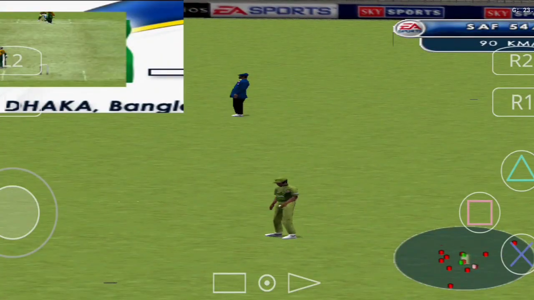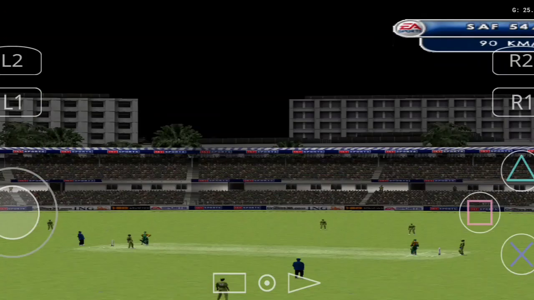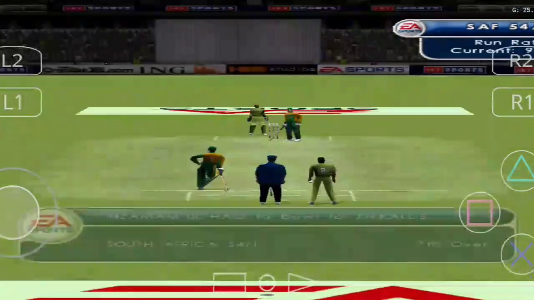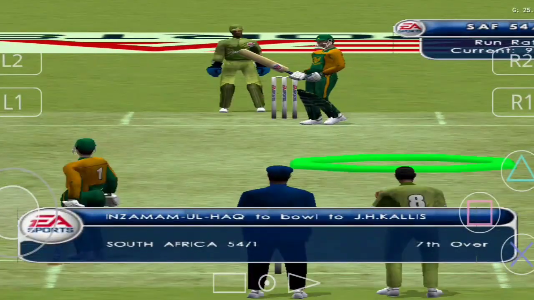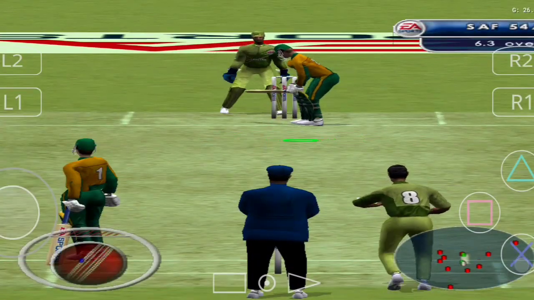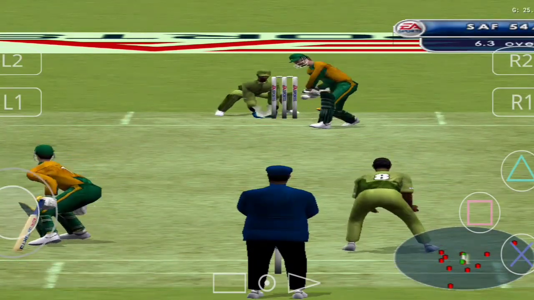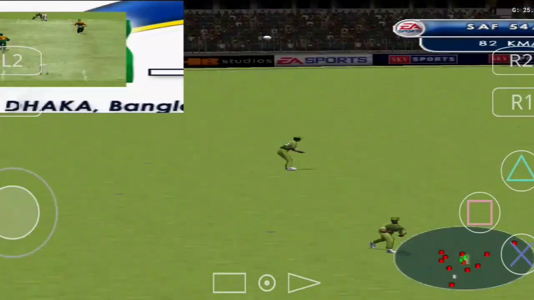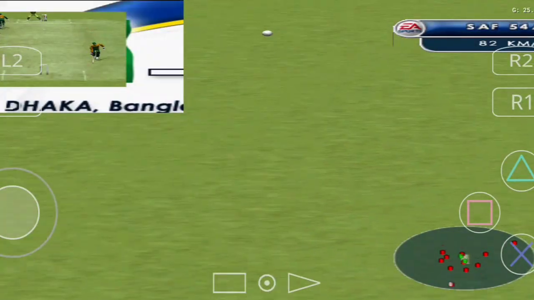Stopped by Wasim Akram. South Africa move on to 54. Brilliantly caught.